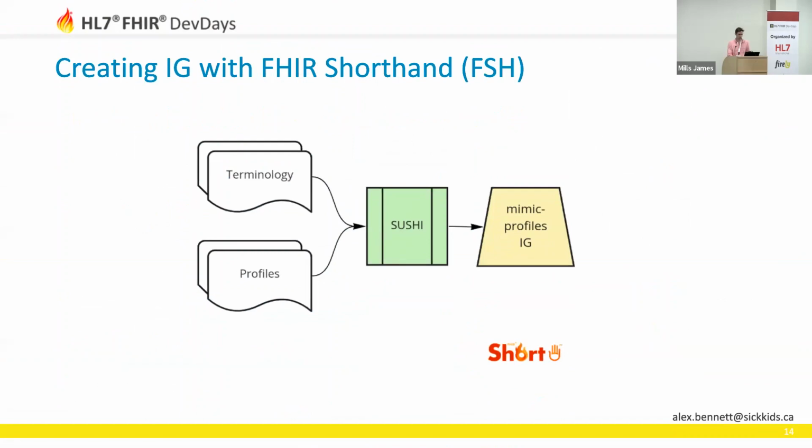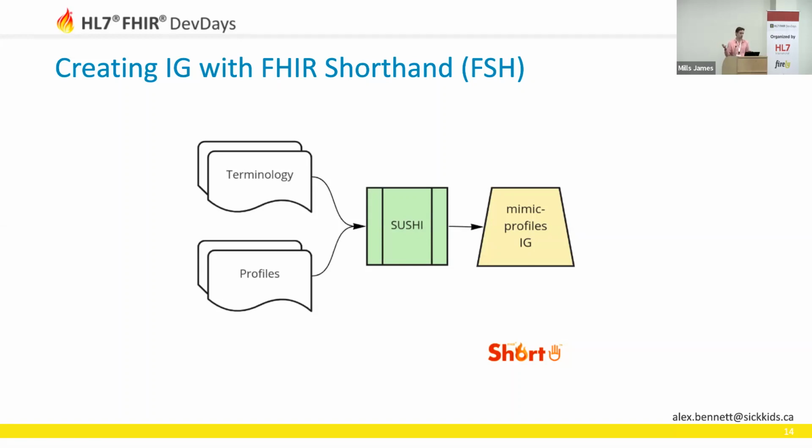And so that terminology was then paired with the profiles where we were binding to those different value sets, and we used FHIR Shorthand to do this. I don't know if anyone's gone to the talks yet, but it is a great programmatic way to do your profiling. It is much quicker and much easier, and SUSHI is the program that allows you to use FHIR Shorthand and output an implementation guide.